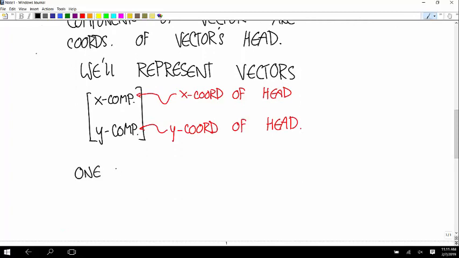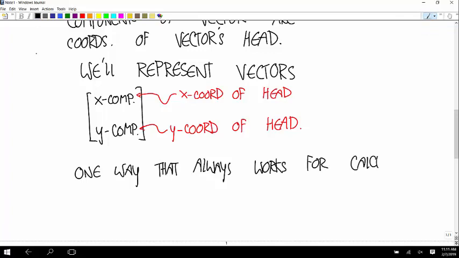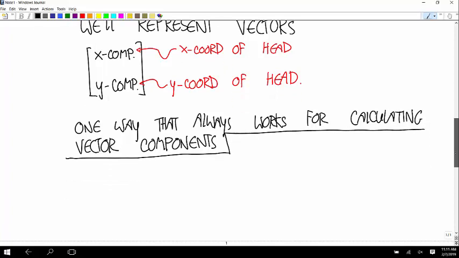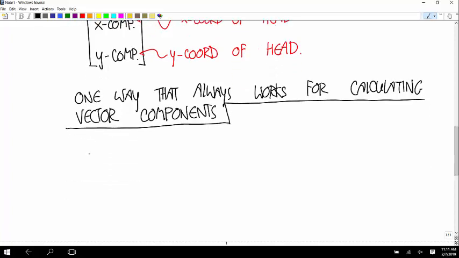One way that always works for calculating vector components is to first, like we did before, put the vector's tail at the origin.